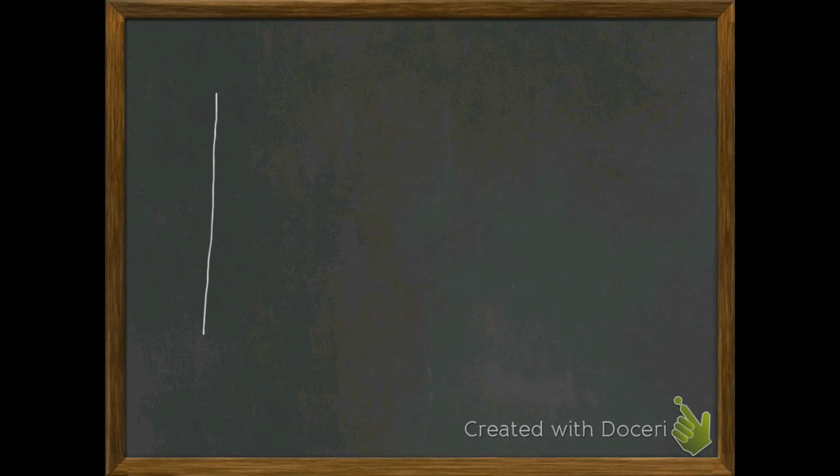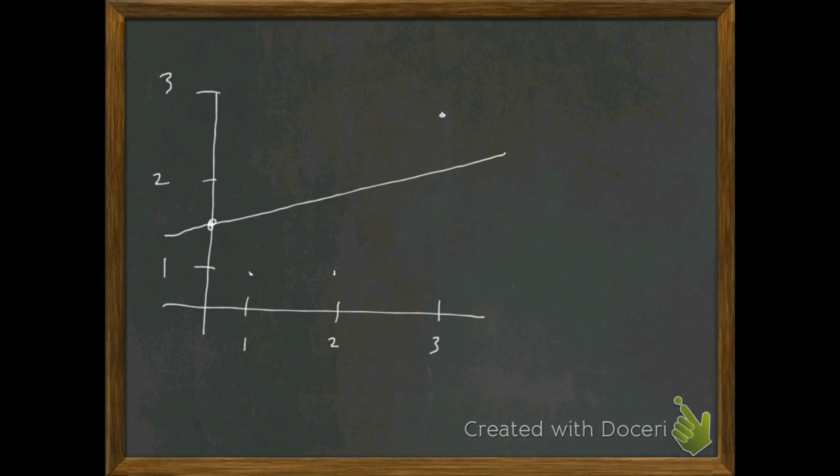Now, someone may also say that, considering our data here, we could potentially align with, say, y-intercept equal to 1.5 and slope equal to, I don't know, let's say 0.25.